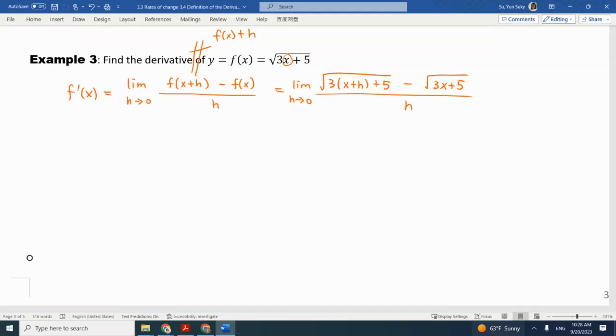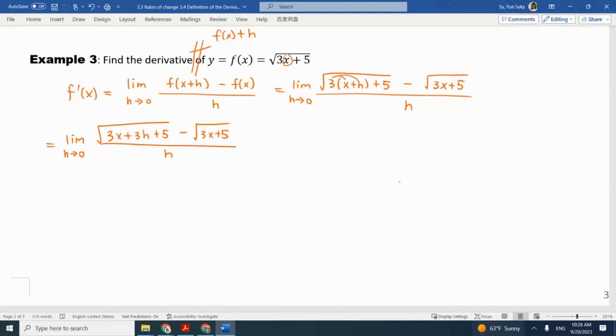All right. Now, what do we do? Look at the numerator. This is the same as distributing: then we have 3x plus 3h plus 5. Do you agree? Oh, I forgot my limits. Make sure you have the limit at every step as long as you still have the h.